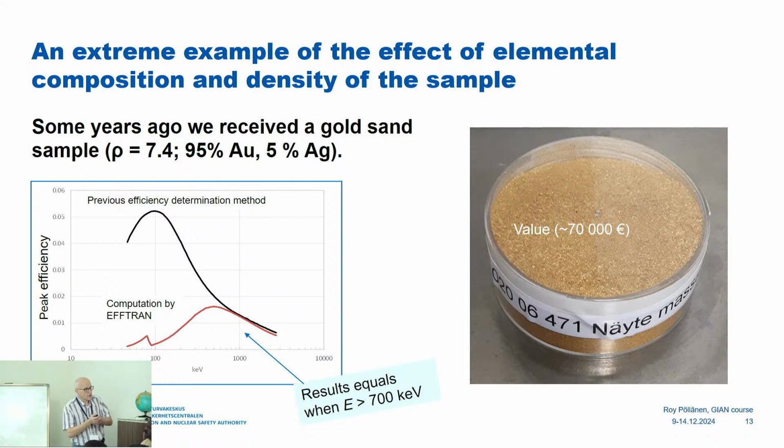So if I had used our normal way to analyze this spectrum, I would get a totally incorrect result at small energies. And in this case, small is below 700 kilo electron volts. Now you can clearly see the effect of elemental composition.